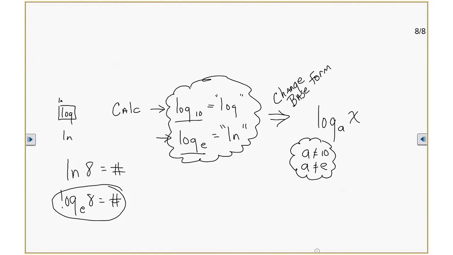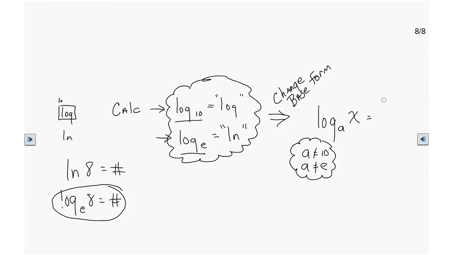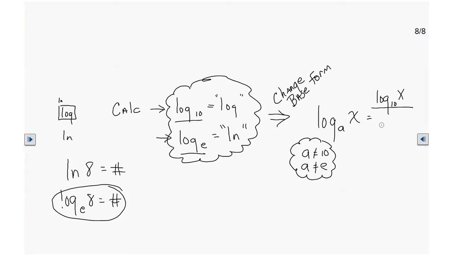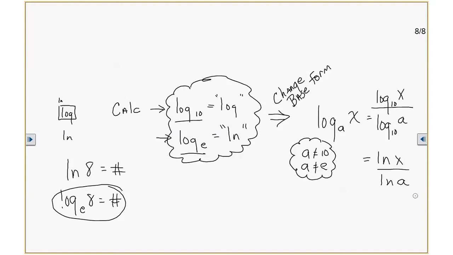Then what do I do? I change it to log base 10 of X over log base 10 of A, or natural log of X over natural log of A. Whichever one you want to use.